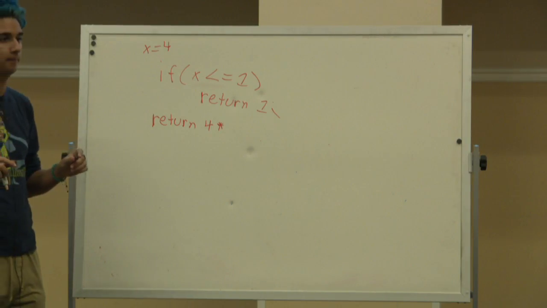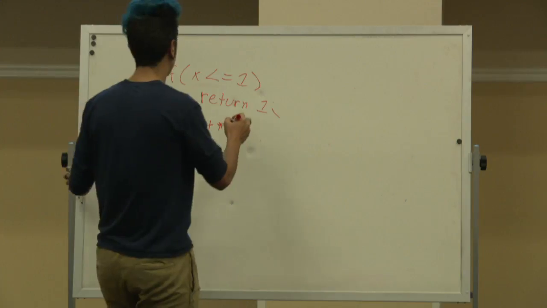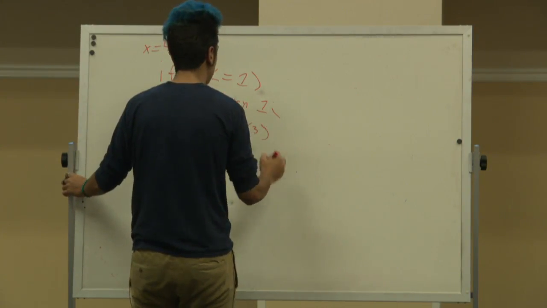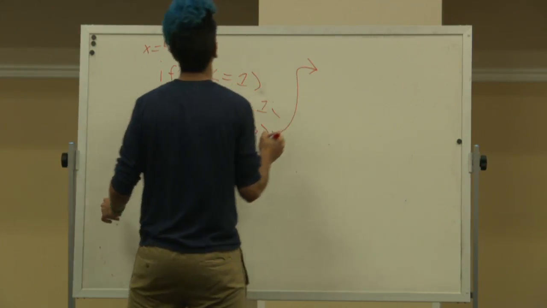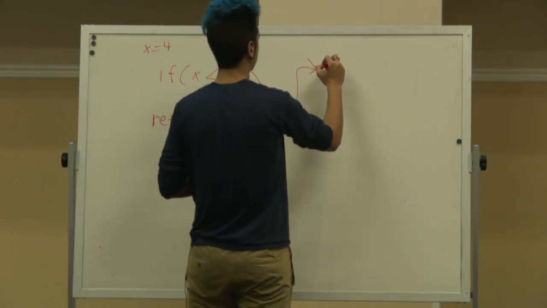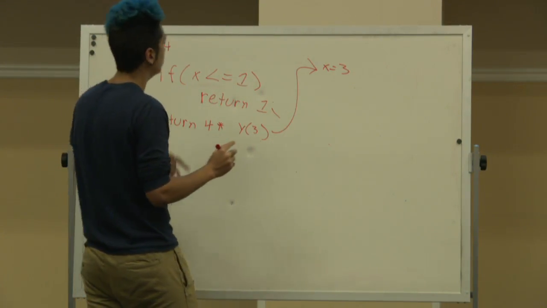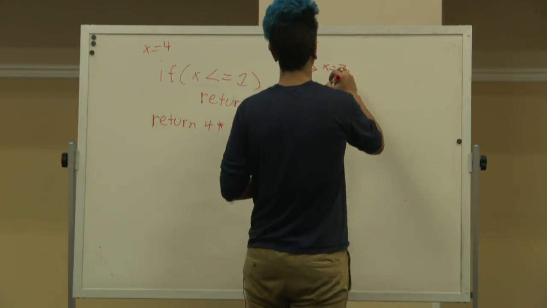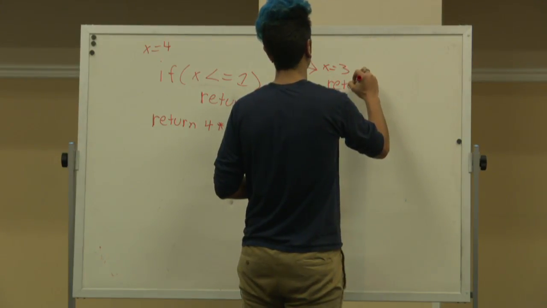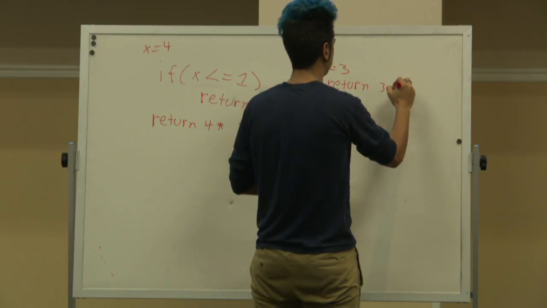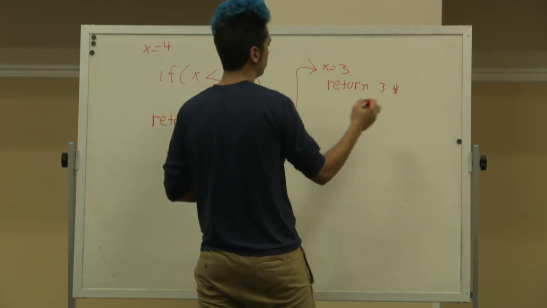Our function is called y. So let's take this over here. Then we have x equals 3. 3 is not less than or equal to 1, so we keep going. Then we say return 3 times x minus 1, which is 2.